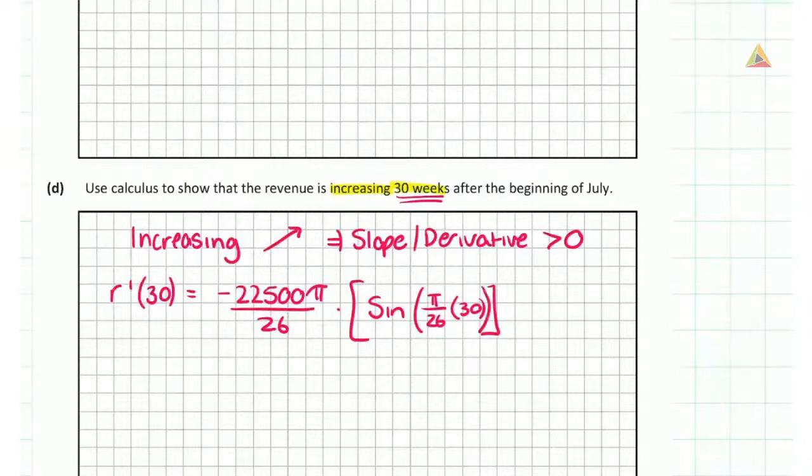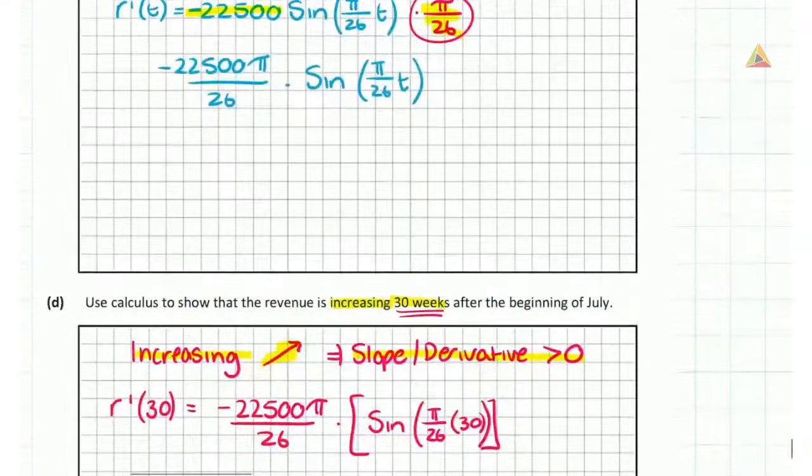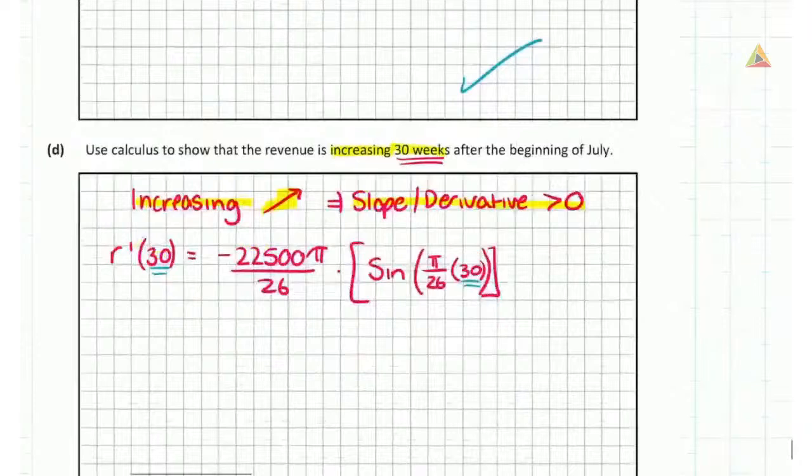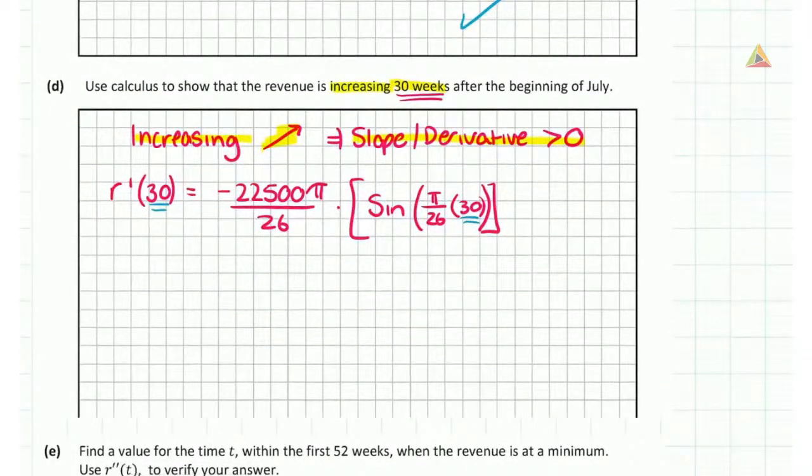Let me just close that bracket there. So again, if it's increasing, that means the slope is going to be positive. The derivative was what we found up here in part C, and all we're doing is replacing the t with a 30. And make sure your calculator is in radians, as it should be from the start of the question.